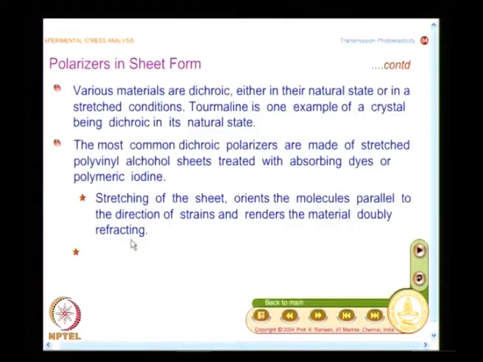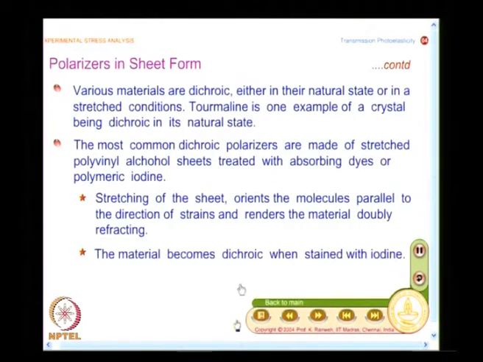You have two refractive indices, ordinary and extraordinary, travelling through it. And the material becomes dichroic when stained with iodine. Dichroic means it absorbs one component of the light vector and allows the other component. So, essentially you get plane polarized light.